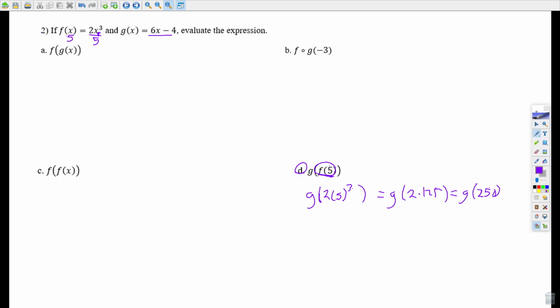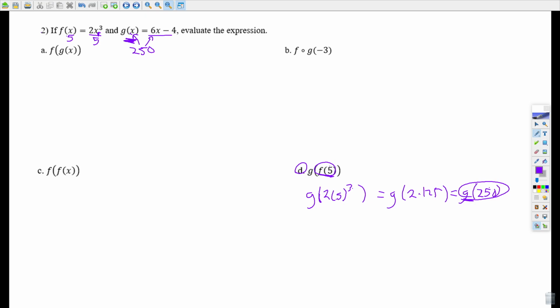And now, we're going to apply the g function with the 250. So now we have to go to the other function, which is up here, g of x. And instead of plugging in x, we're going to use the number 250. So 250 will be what goes here and here. It's like we're just plugging in 250.